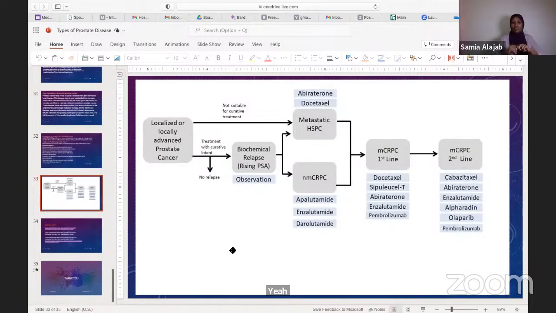So this is depending on if you have a localized or advanced prostate cancer, and then treatment, if you would like to give treatment with curative intent, so no relapse or not suitable for curative treatment, so it depends. So in case of patient suitable for curative treatment, we can start with biochemical.